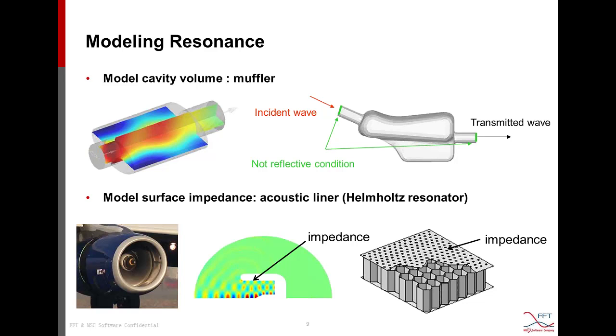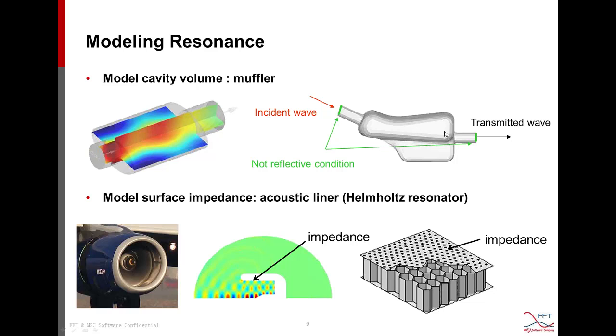Now, with this simple muffler, in Actran, we just built a volume mesh here. So with this volume mesh, we can simulate not only the 1D transmission phenomena, but also the complex acoustic wave transmission through this muffler. So we're not using a 1D assumption in the muffler study. And in terms of modeling, we will apply an incident acoustic wave at the inlet of this muffler.